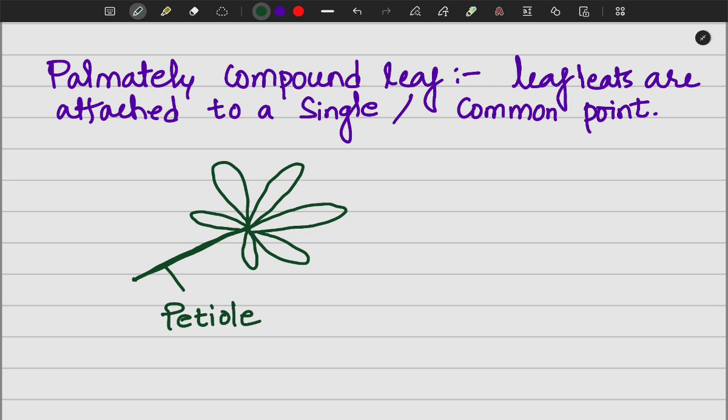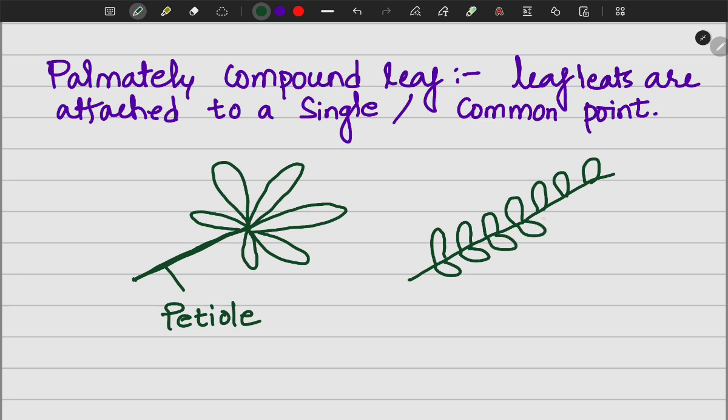So what differentiates it from the pinnately compound leaf? In the pinnately compound leaf, we learned that the leaflets are arranged on a common axis, which is called a rachis, like this, right? And in the palmately compound leaf, the leaflets are arranged at a common point, not a common axis. What is the common point here?